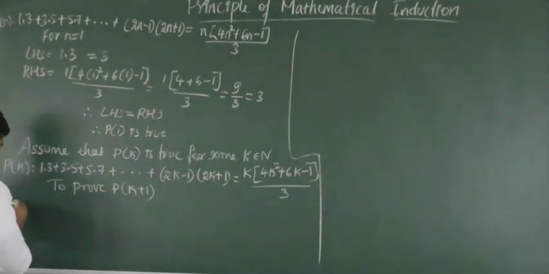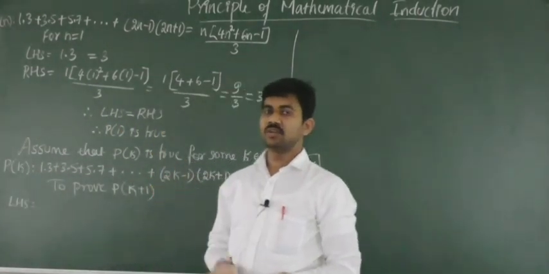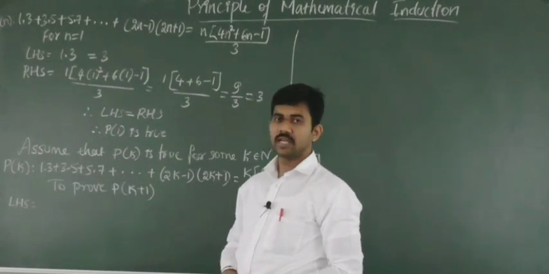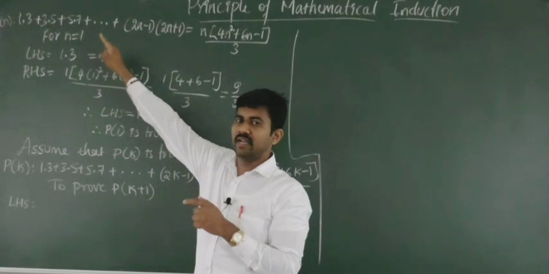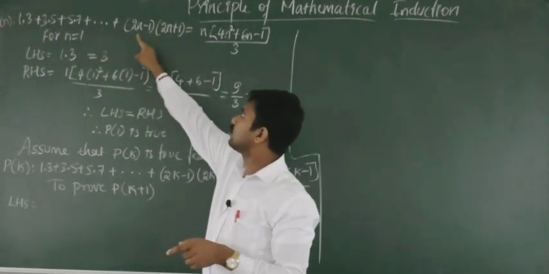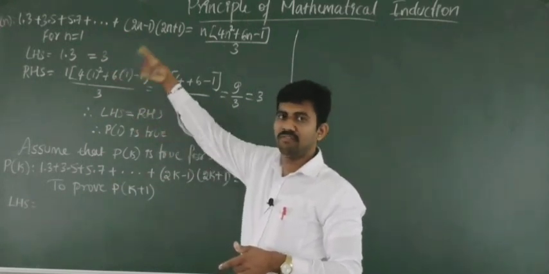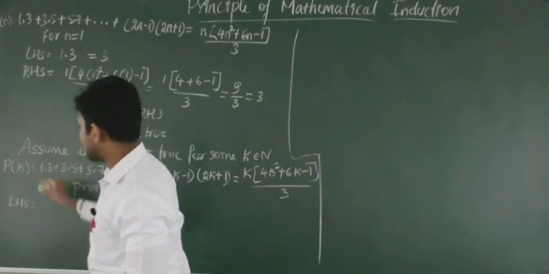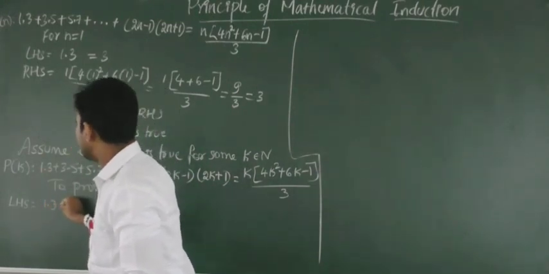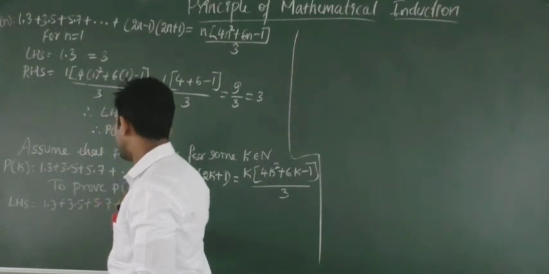To prove this, we need to consider the left hand side of the statement when n is equal to k plus 1. You can observe in the given statement P of n, the nth term is 2n minus 1 into 2n plus 1. So what is the LHS of P of k plus 1? That is 1 into 3 plus 3 into 5 plus 5 into 7 and so on.